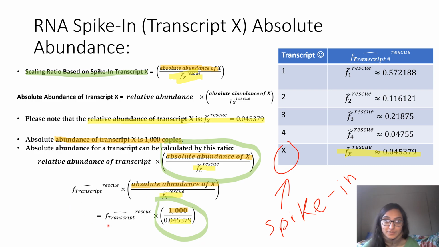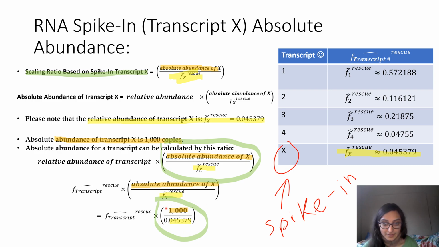And then we're going to get this. Here are the relative abundances, so these will add to 1, and we're just going to take the scaling factor. If we put in 1,000 of X, and we observed 0.04539, this is the relative amount of transcript X that we observed in that cell.